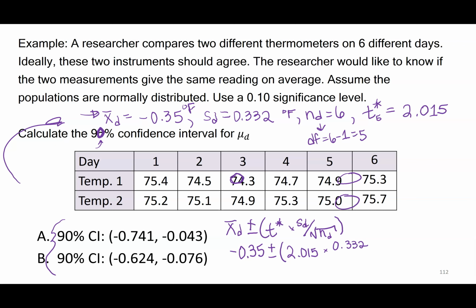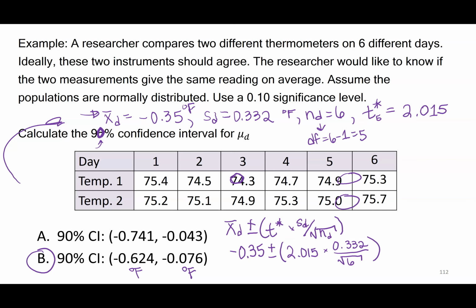No, I did not calculate this in my head. I threw this into a calculator. Divided by the square root of 6. And I end up getting, give this a try first, negative 0.624 degrees Fahrenheit to negative 0.076 degrees Fahrenheit.